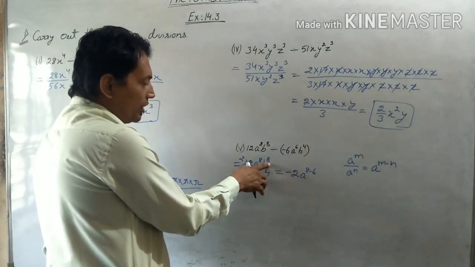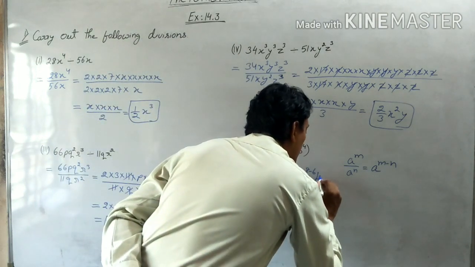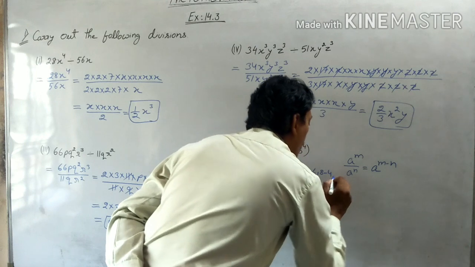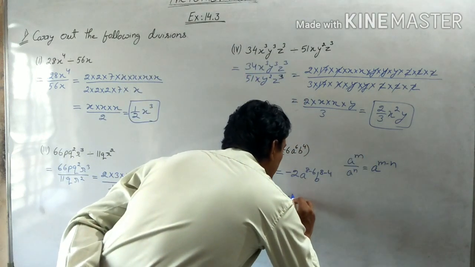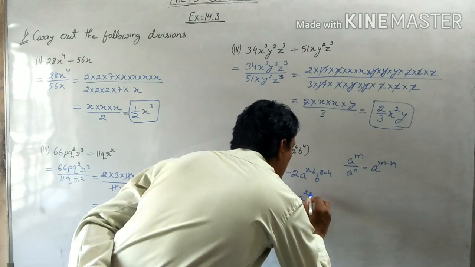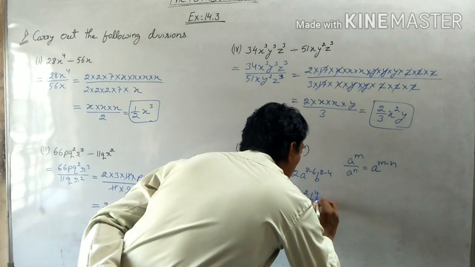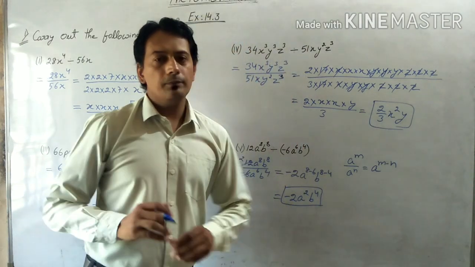We have b raised to 8 here and b raised to 4 here, so this can be written as b raised to 8 minus 4 according to this law of exponents, which finally can be written as minus 2 a squared b raised to 4. So this is your final answer after division.